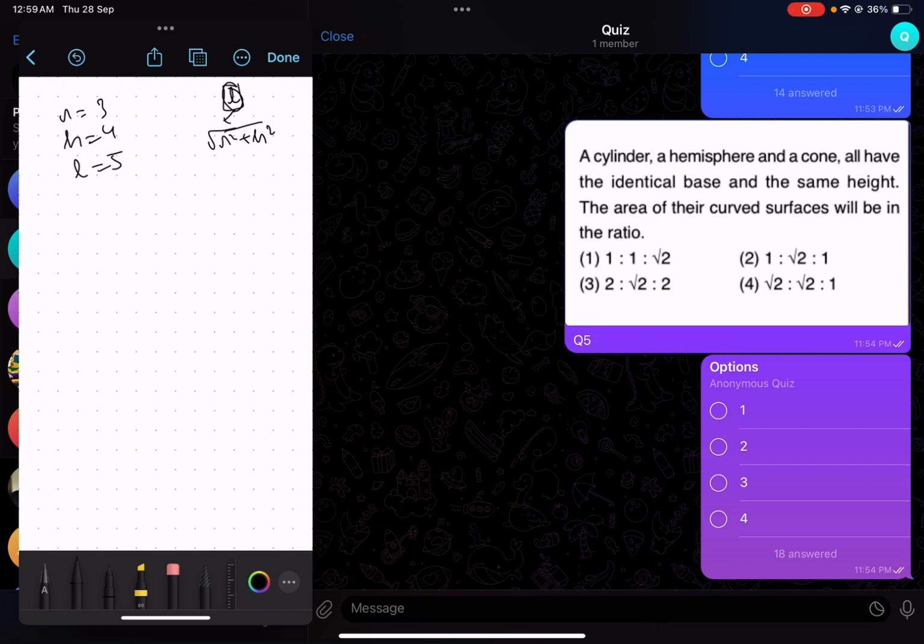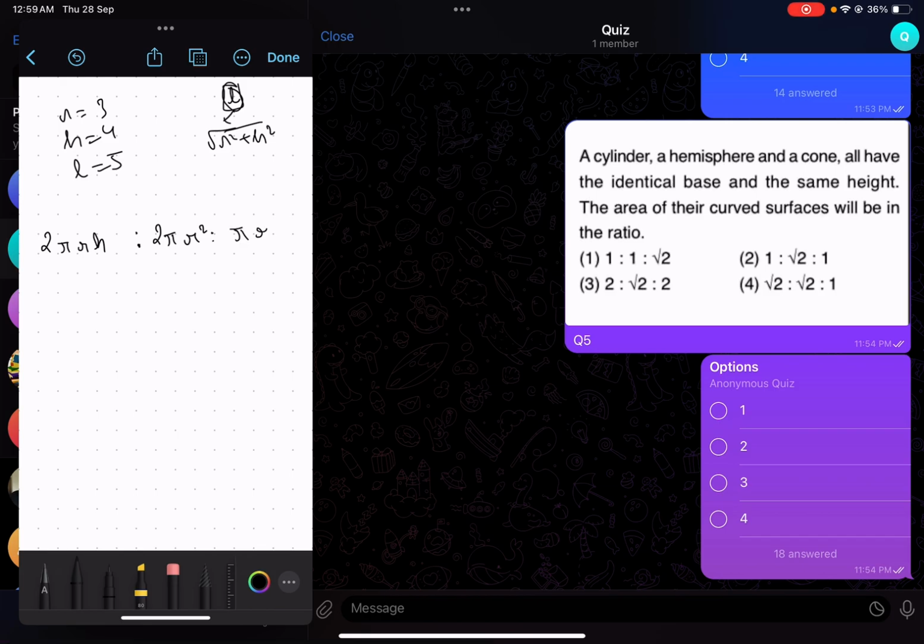Okay, so let us start. Same base, same height. The ratio of their curved surface area. So curved surface area of cylinder, we can write it as 2 pi r h, is to hemisphere, curved surface area 2 pi r square, is to curved surface area of cone, pi r l.